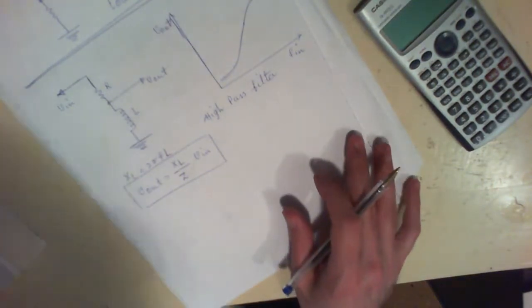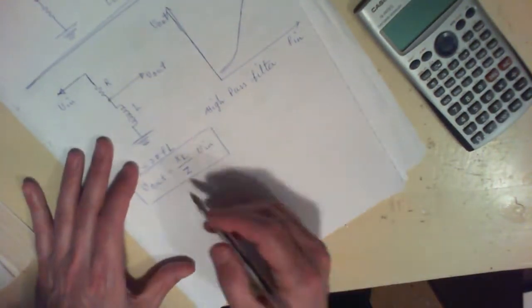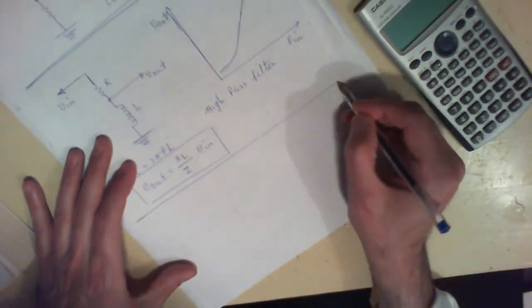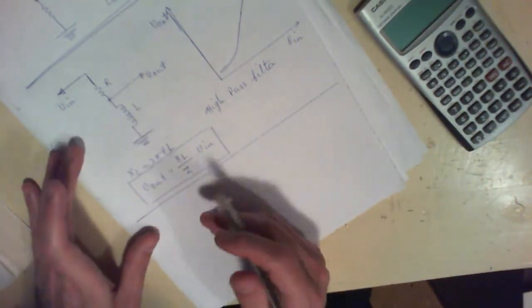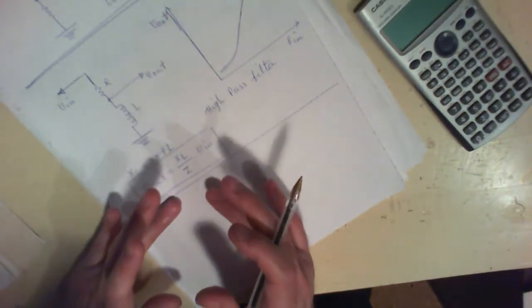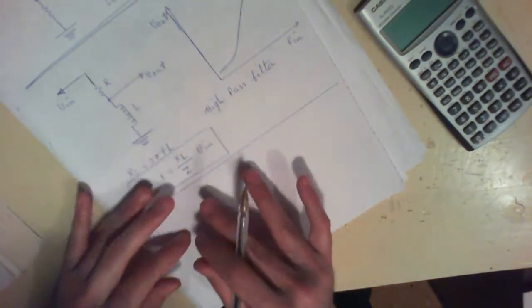And what that means is that basically a filter circuit normally contains either a capacitor or an inductor or an op-amp.